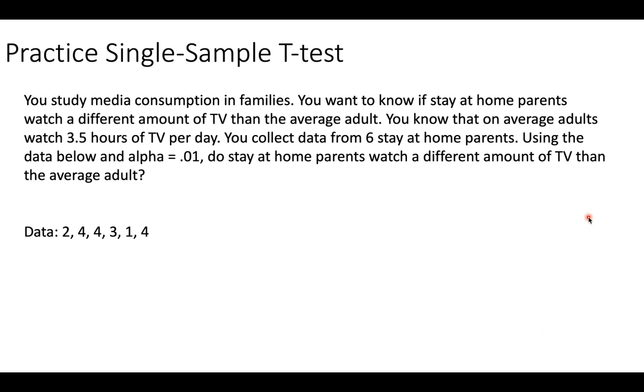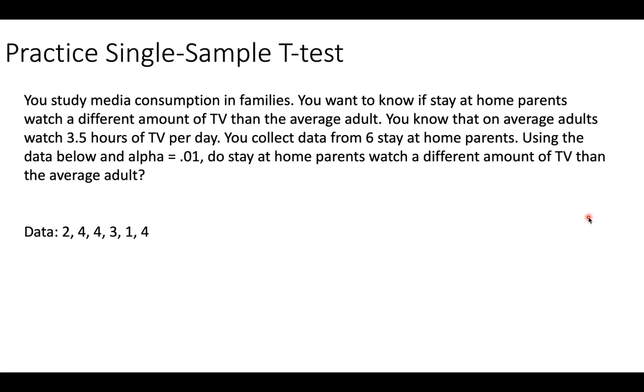You're going to need to use alpha and your hypothesis directionality and your degrees of freedom in order to calculate a critical value. Then you're going to need to compare your calculated t-value to your critical value. If you're significant, then you need to perform an effect size. And then I want you to write up an APA-style hypothesis. So go ahead and hit pause, and then come back and hit play when you're ready to check your answers and watch my walkthrough.